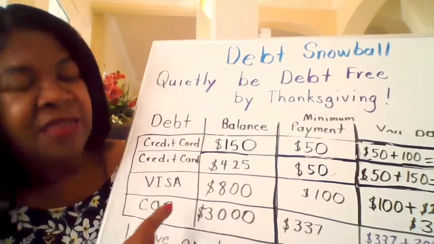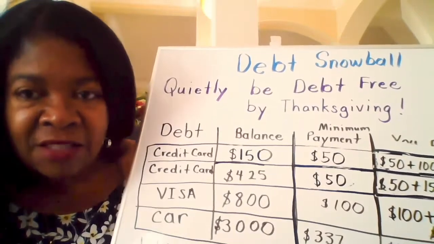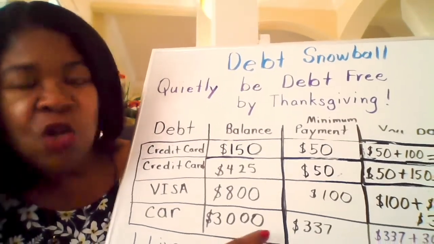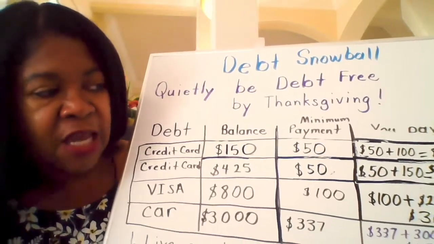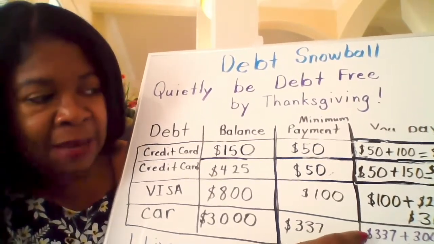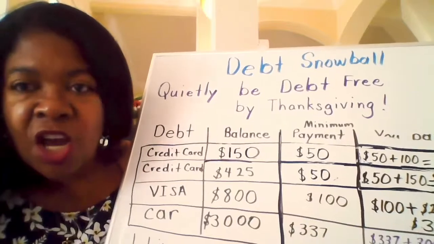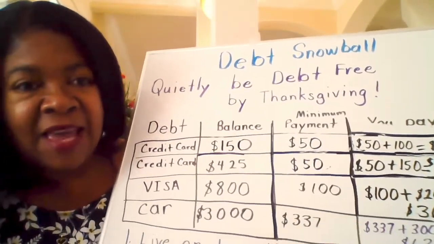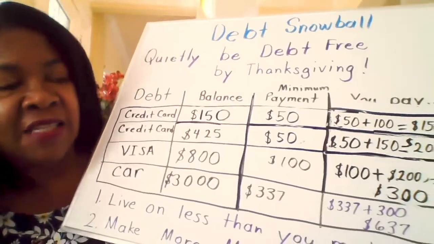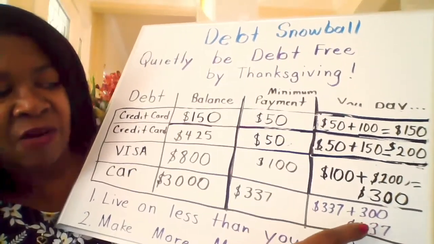So here, the last payment is a $3,000 car payment. You are paying $337 each month. You are going to pay that payment plus the $300 that you were paying before, and that's going to make that a total of $637.